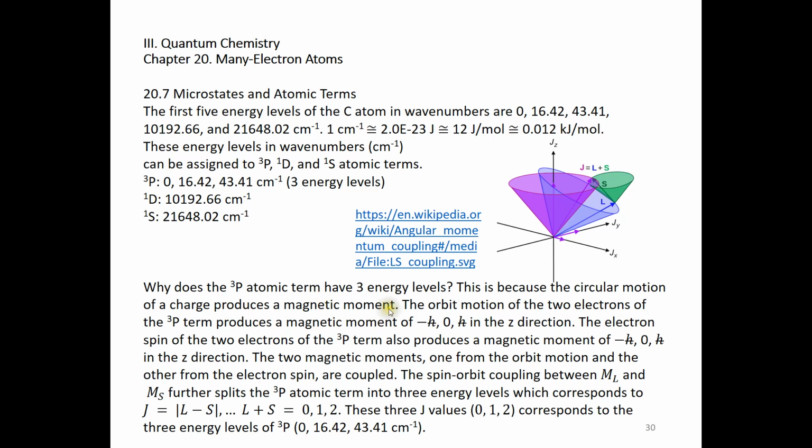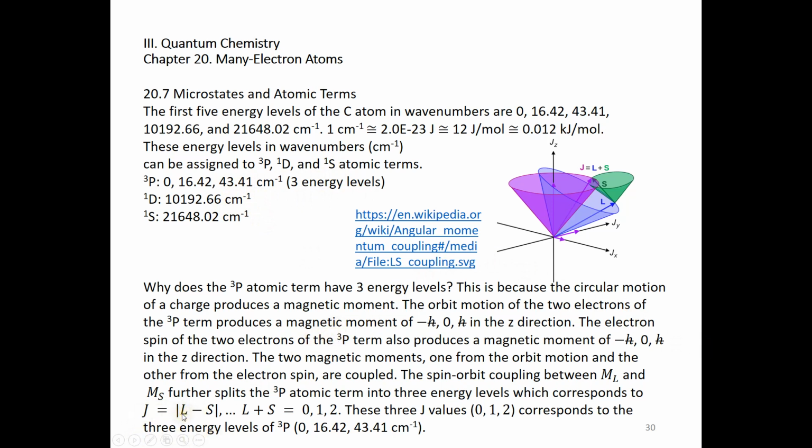That's why this 3P atomic term splits into three energy levels. The lowest one is when the two magnetic moments attract each other. Over here, there's no interaction, and over here, of course, when the two magnetic moments repel each other, you have slightly higher energy. So now we have to create another quantum number J.